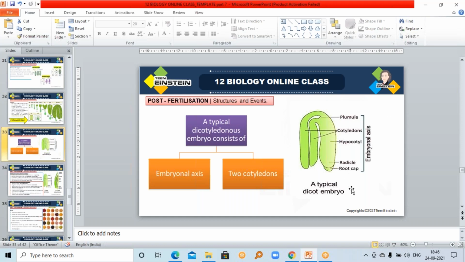First is the embryonal axis, here you can see from this portion down. Then two cotyledons. These are the two cotyledons, and this part is the embryonal axis. So a typical dicotyledonous embryo consists of an embryonal axis and two cotyledons. Got it?